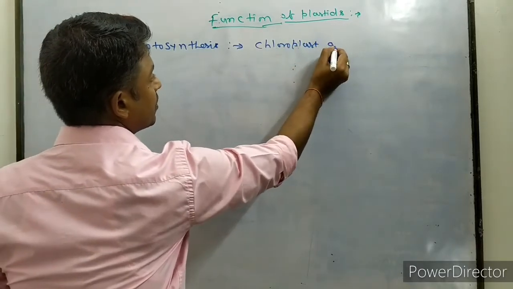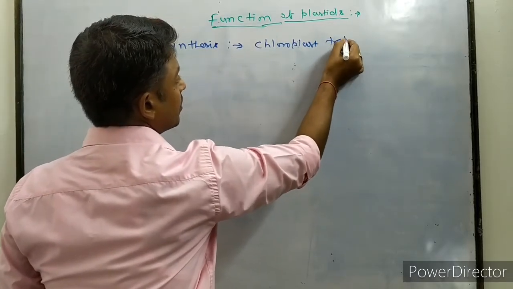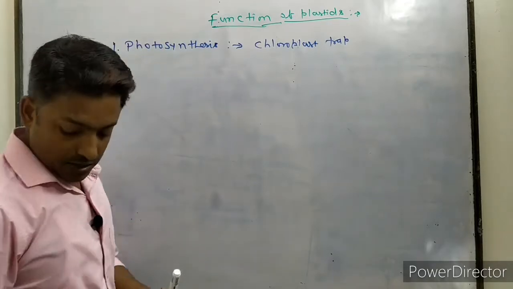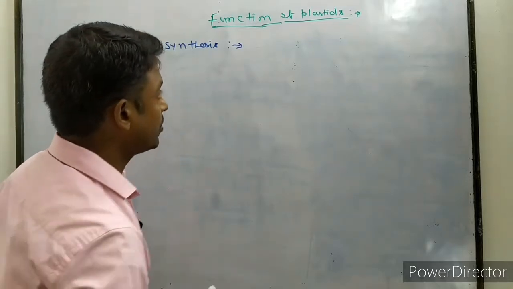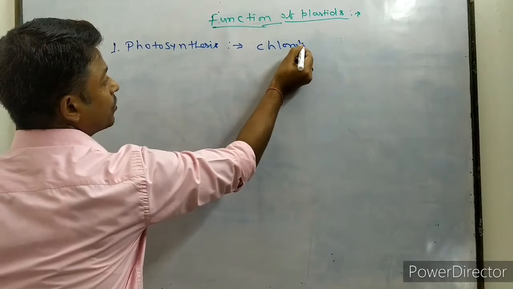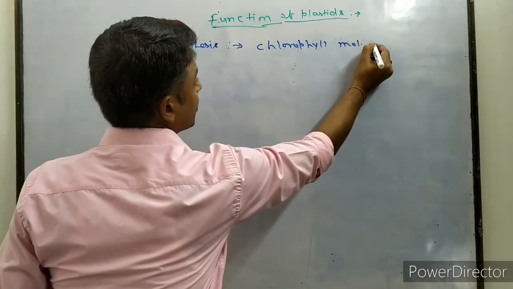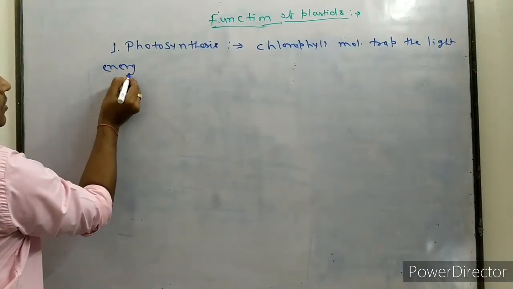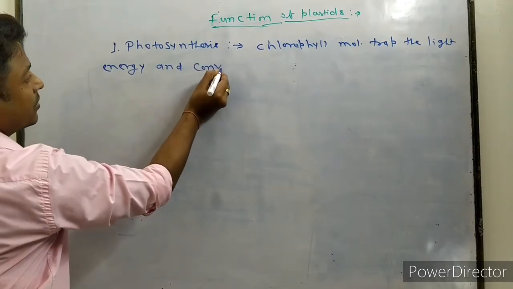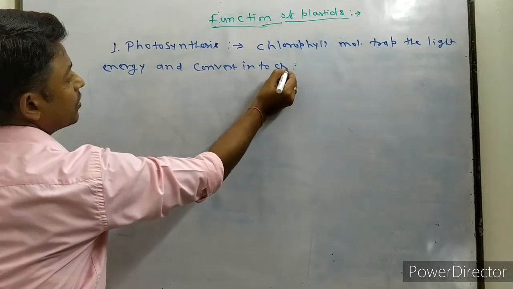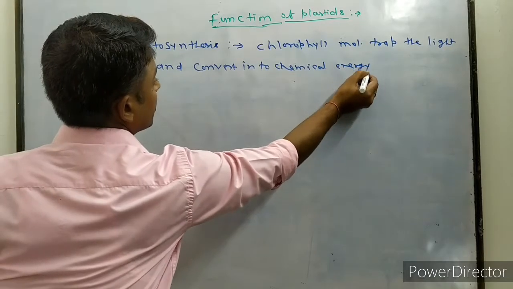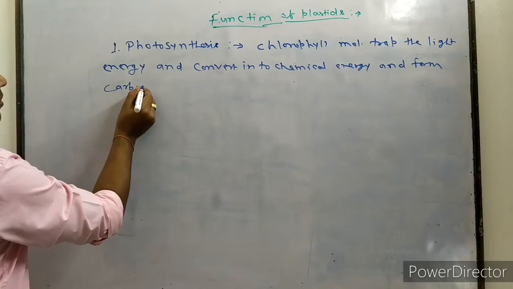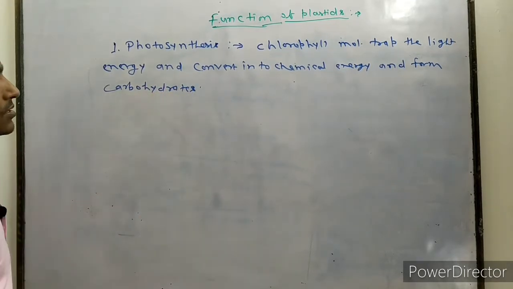Chloroplast, especially the chlorophyll molecule, traps the light energy and converts it into chemical energy and forms carbohydrates in the form of food.